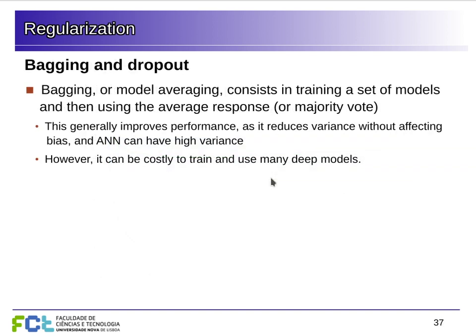Another thing that we can do to reduce variance in machine learning in general is to average the output of different models. This is done, for example, in bagging, where we use bootstrapping to obtain replicas of our data set.